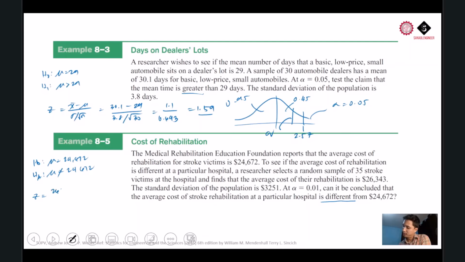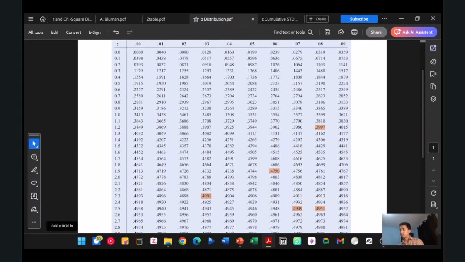So 26,342 minus 24,672. So it is more than the population mean. The standard deviation is 3251, divided by the square root of the sample size, which is 35.